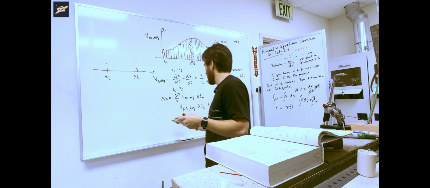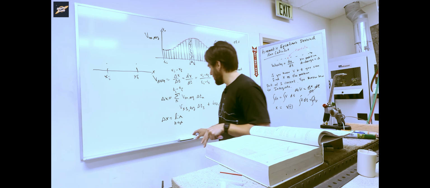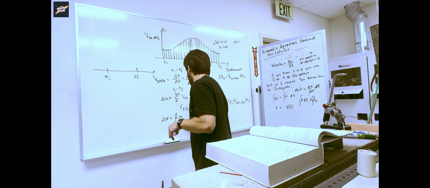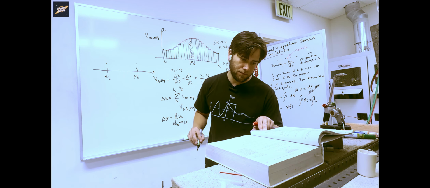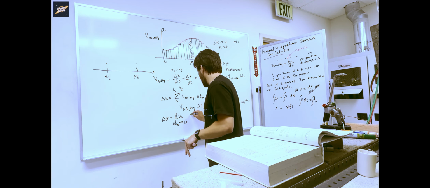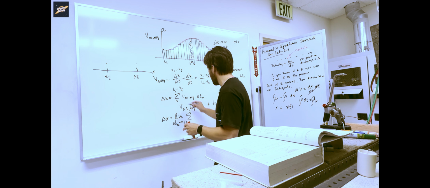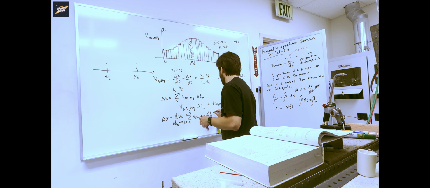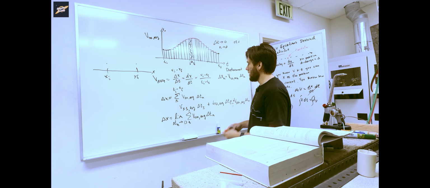So this becomes delta x equals the limit as delta t n goes to zero of the sum of v x in average times delta t n. Essentially the same thing.